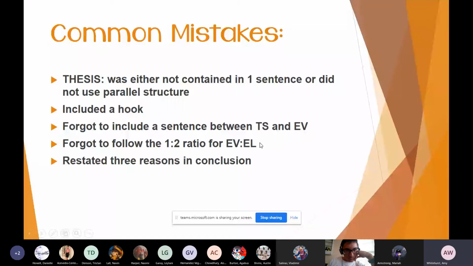Another common mistake that I noticed was in our conclusion, we were restating the 3 reasons. Again, this was something I expected to see. I know that this is something that you've been taught from elementary school, right? You've been taught to restate your reasons.